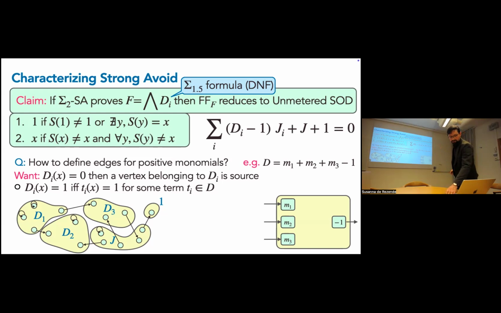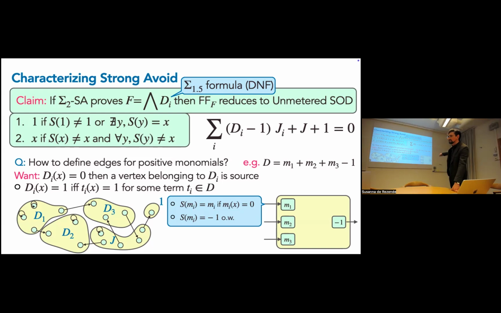So what we're going to do essentially is that each of these monomials, or terms of the DNF, is going to query the variables that occur in them. To satisfy the DNF, we have to satisfy one of its terms. So for each term, we're going to query all the variables in that term.